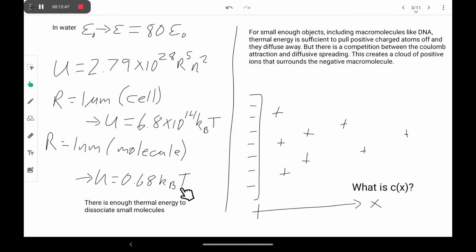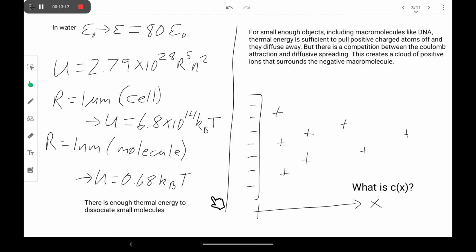That's pretty impressive. So there is enough thermal energy to dissociate molecules, which is why we find a lot of molecules, even macromolecules, charged. You may have heard that DNA is negatively charged, and most things are actually negatively charged in the system, because the thermal energy is sufficient to allow the dissociation of an electron.